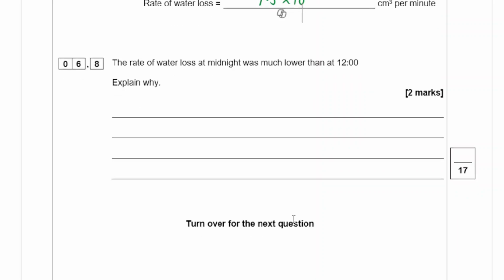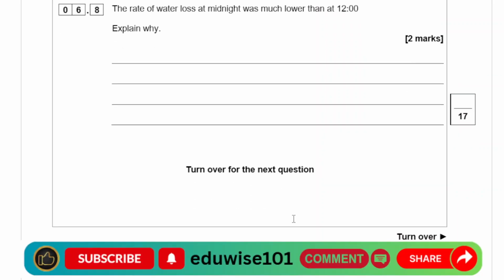The rate of water loss at midnight was much lower than at 12 noon. Explain why. Well, there is less water loss at night because the stomata are usually or completely closed.